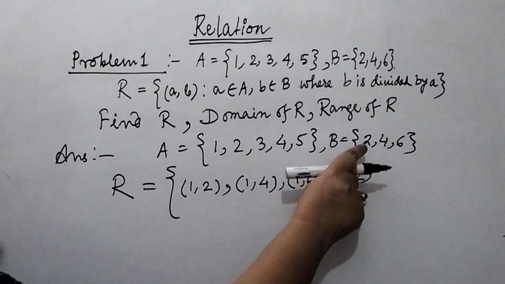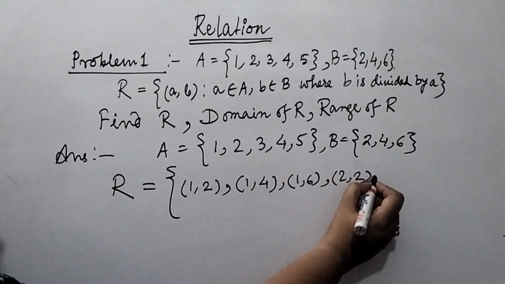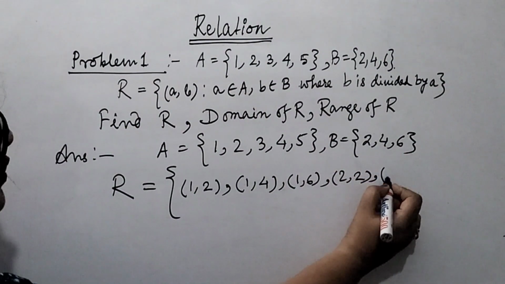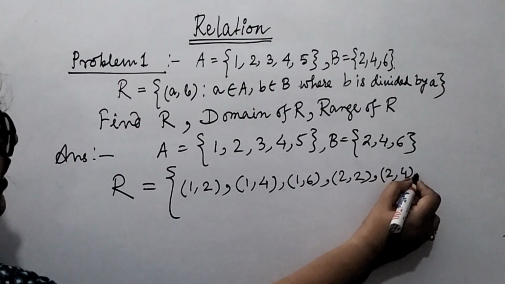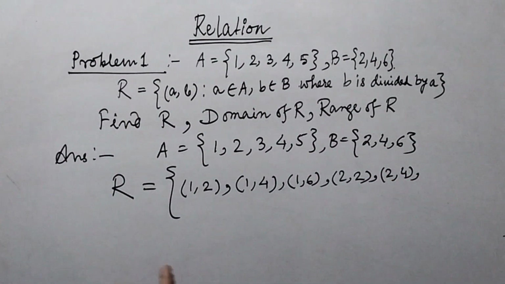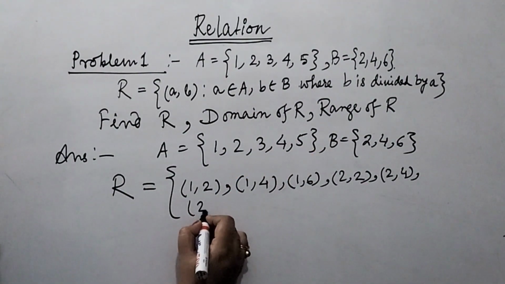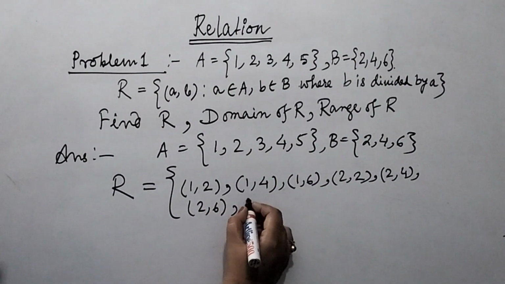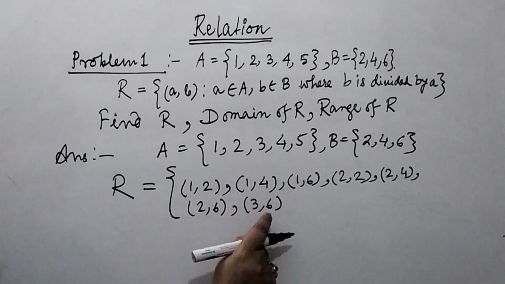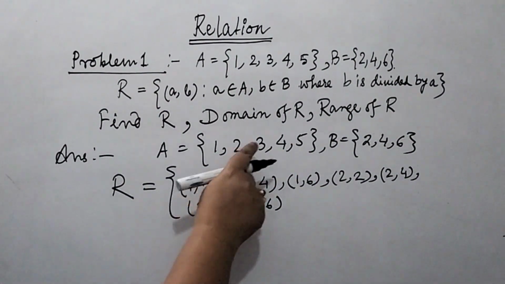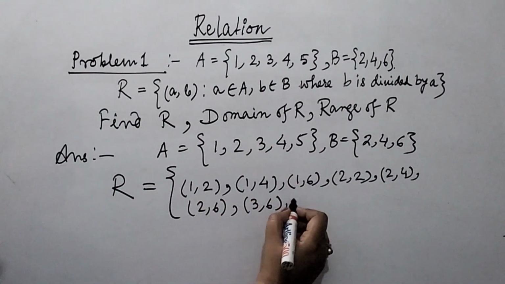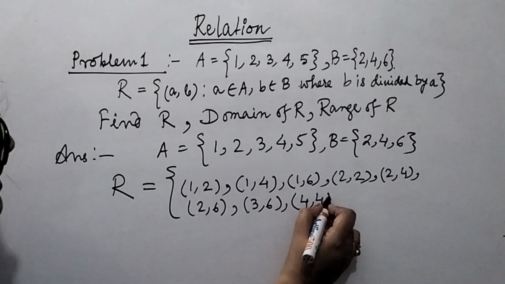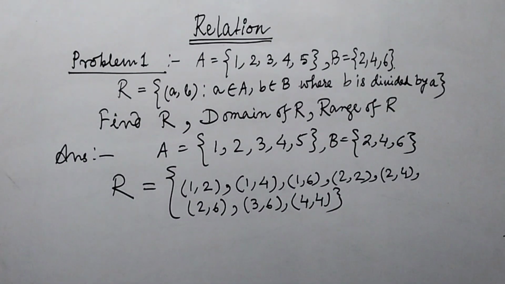Then (2,2), because 2 is divisible by 2. Then (2,4), obviously 4 is divisible by 2, so it will be included. Then (2,6), by the same reason. Then (3,6), as 6 is divisible by 3. And then (4,4), right? Only these elements of A cross B will be in R because they satisfy the definition of R.